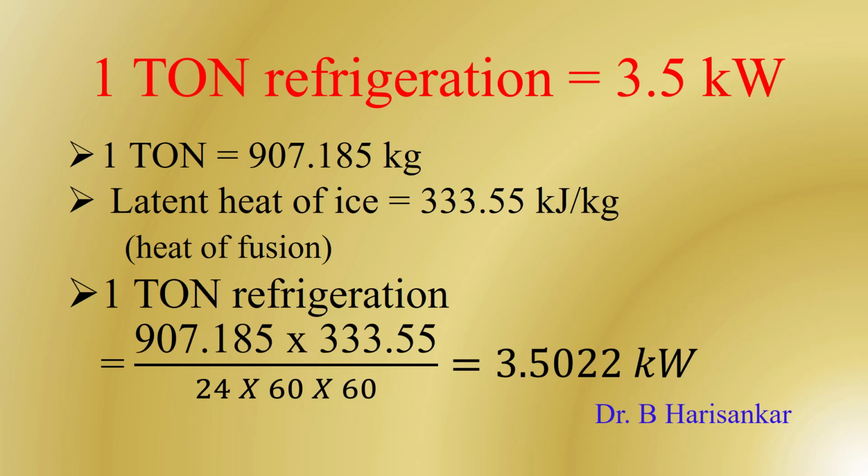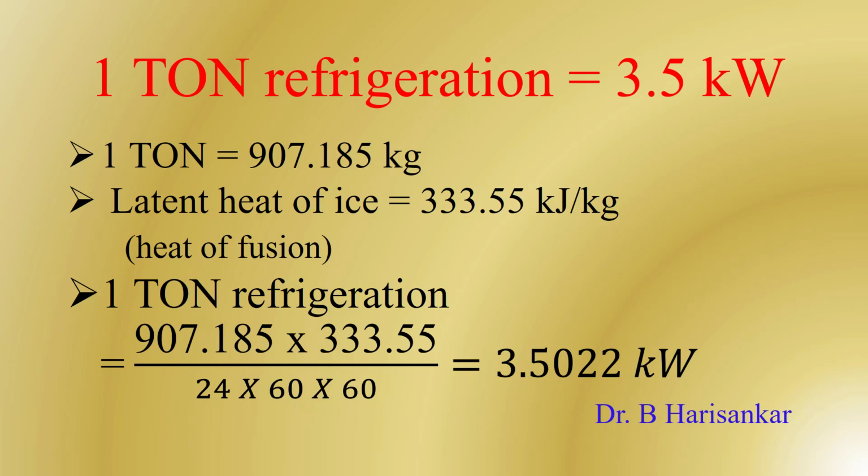So the denominator will be 24 into 60 into 60. This whole fraction will be 3.5022 kilowatt, which is rounded off to 3.5 kilowatt.